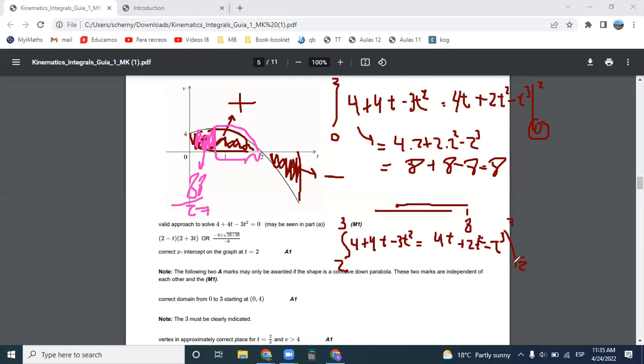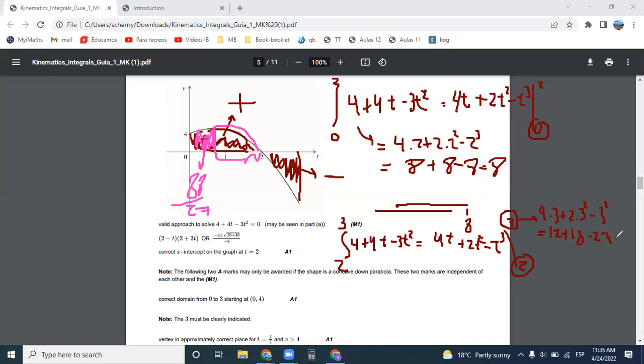Okay, so at 2, actually, we already know it's an 8, right? So we need to find out this value. So this value is going to be 4 times 3 plus 2 times 3 squared minus 3 cubed. And this is 12 plus 18, if I'm not mistaken, minus 27.